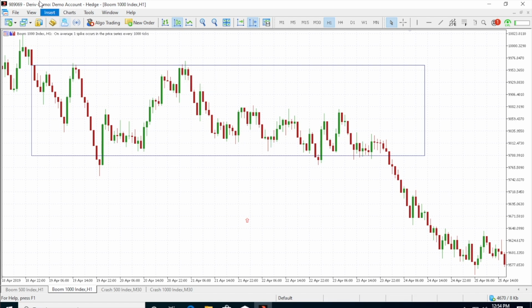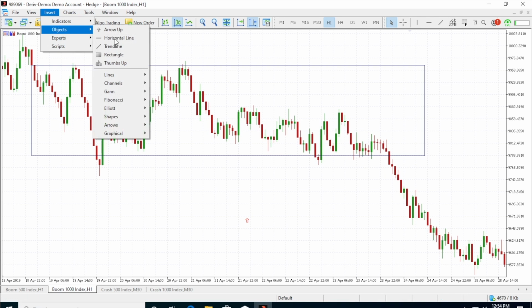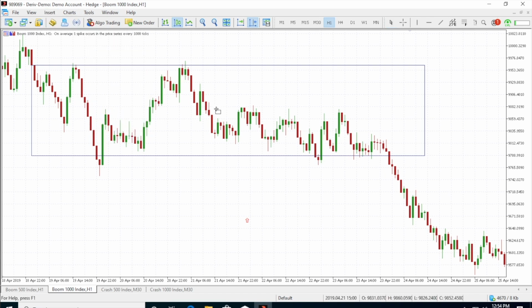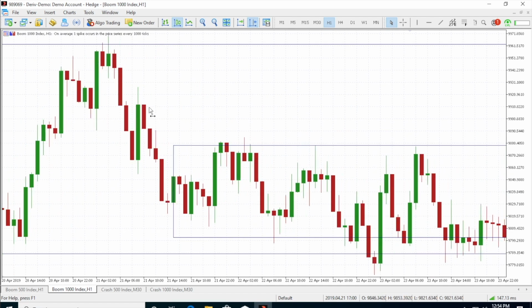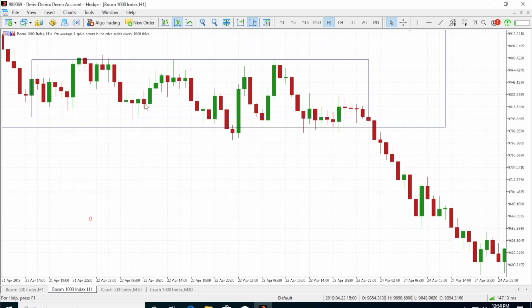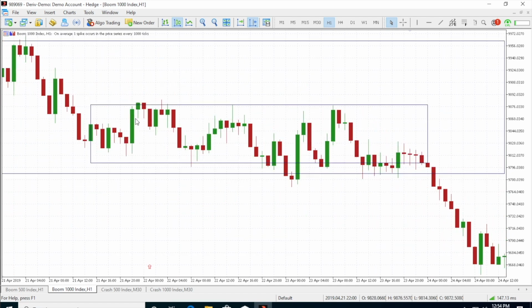So we have another small consolidation inside, so we can draw another small box here for a sniper entry, right? Inside the bigger box we have the smaller box, so we zoom into our small box to take a sniper entry. The market is consolidating inside this smaller box.